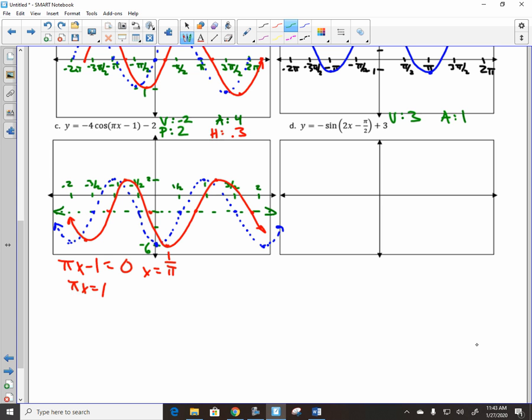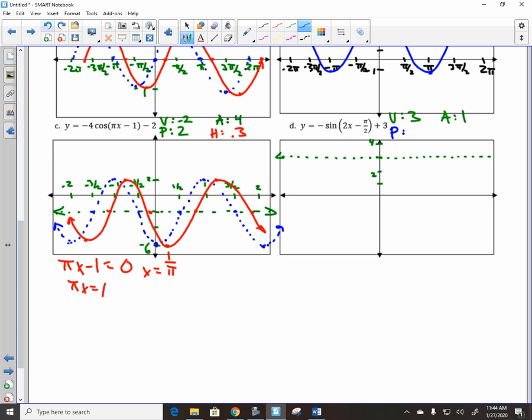So from 3, it goes up 1 and down 1. So 1, 2, 3, 4. So 4 to 2. So the vertical structure of the graph is taken care of.